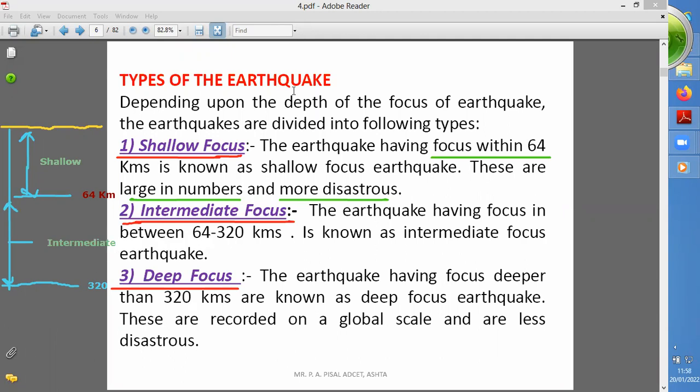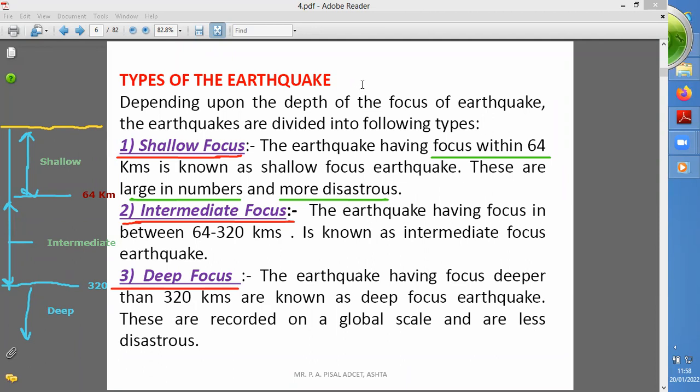And if the depth of focus is beyond 320 kilometers, then such earthquakes are considered deep focus earthquakes. These are the types of earthquakes depending on depth.